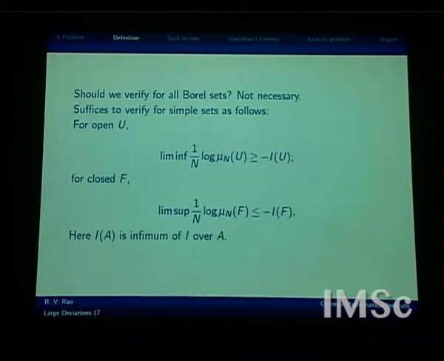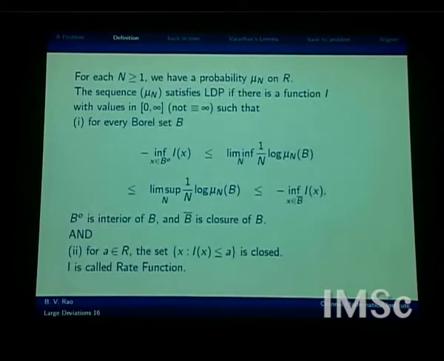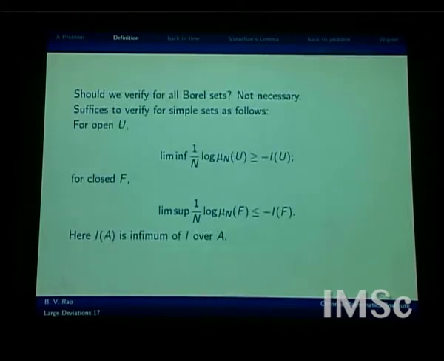It is enough to verify for open sets. There are two lines there which should be satisfied. The top line if you verify for open sets, the bottom line if you verify for closed sets, that is good enough. Then it follows that this holds for every Borel set.